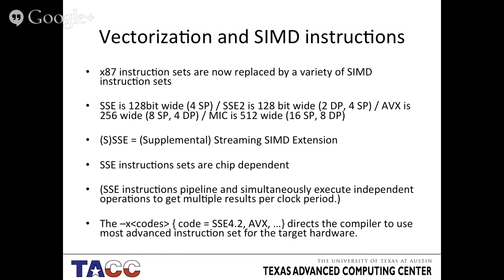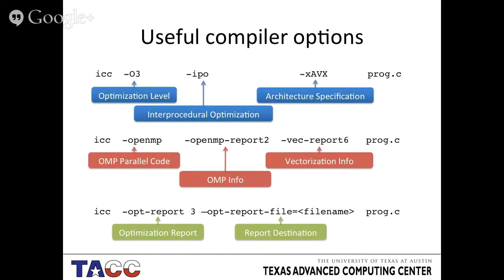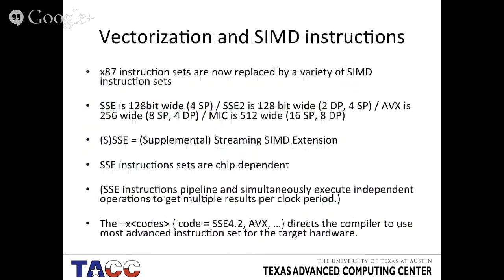I think if you're not familiar with the concept of vectorization, it's important for you to invest a little bit of time, look at these vec reports that I've mentioned earlier, and see if there are sections of your code that don't vectorize that you could vectorize better.